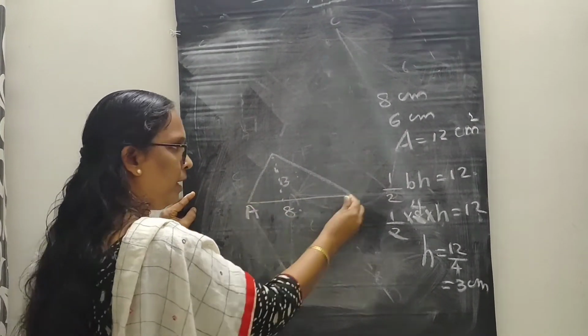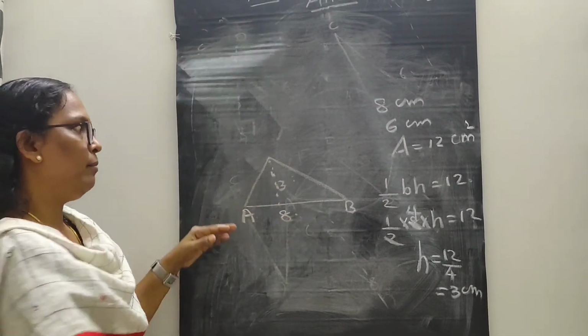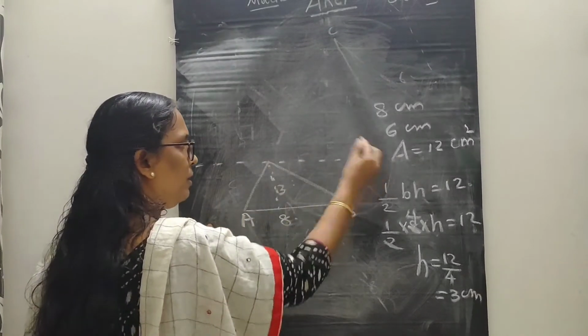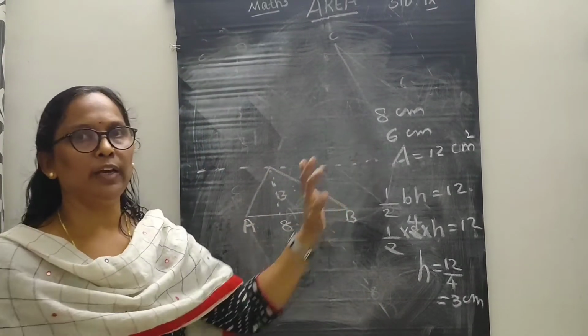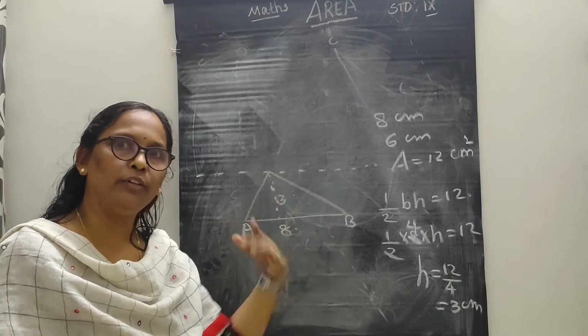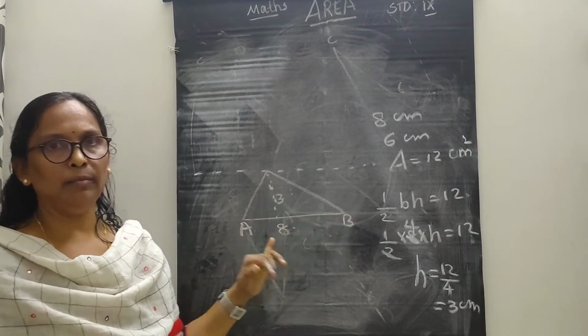We can take AB as the base, we can take it as 8. The same area means we have to draw a line which is parallel to the base. And the third vertex should be on this parallel line. The third vertex of the new triangle will be on the parallel line. Then only we get the same area.